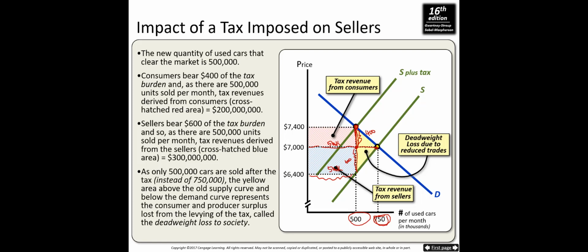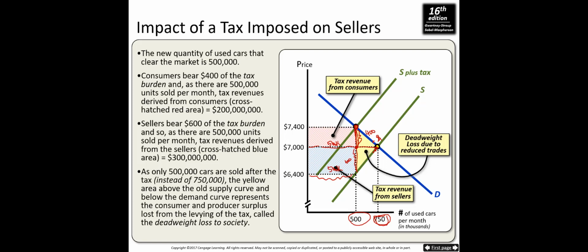As only 500,000 cars are sold after the tax instead of 750K, the yellow area, here you see the yellow area, above the old supply curve and below the demand curve, represents the consumer and producer surplus lost from levying the tax, called deadweight loss. So why is it deadweight loss? Because there is a guy here, okay, who wants to buy a used car below 7,400, and sellers were okay to accept 7,000 before, but because of the tax they don't accept, and there's a seller here.